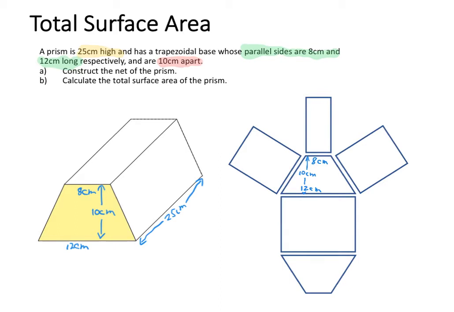So I can mark that into my trapezium. Now both my trapeziums are going to be the same, so I don't need to add that into the second trapezium. Next is going to be to add in the measurements for the rectangles. Now each rectangle is going to have the same length, and that is 25 centimeters. So I can go ahead and add that in to each of my rectangular sides.